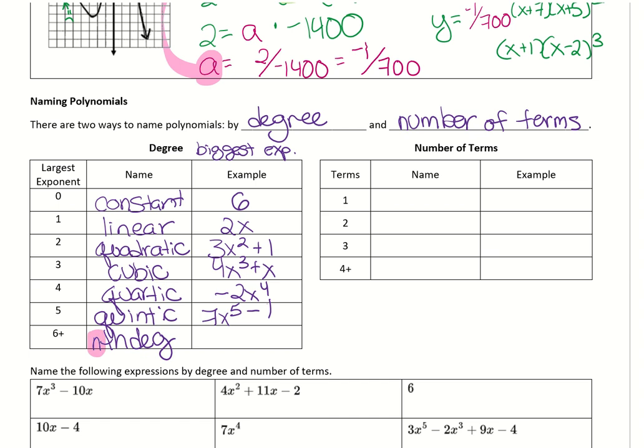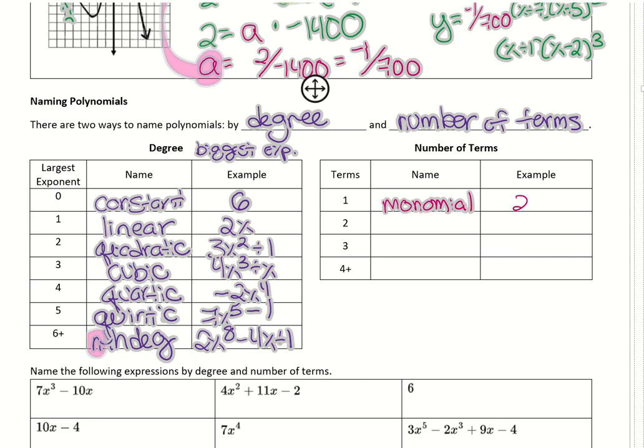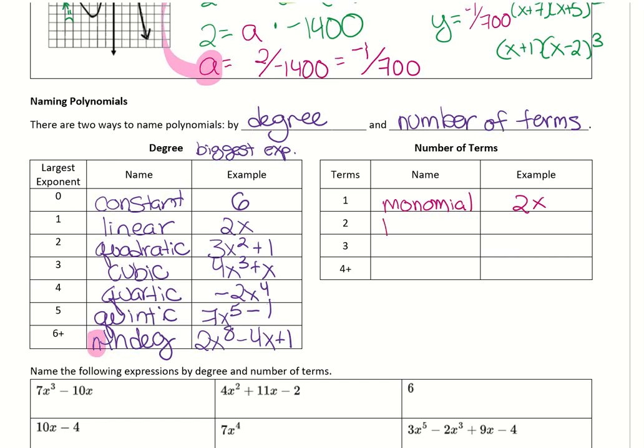So for example, 2x to the 8th power minus 4x plus 1 is an 8th degree polynomial. Then we can also name them by the number of terms, and that's just how many pieces they have. So the first example is a monomial, and that is just one term. So 2x, that's just one thing. Then we have a binomial.